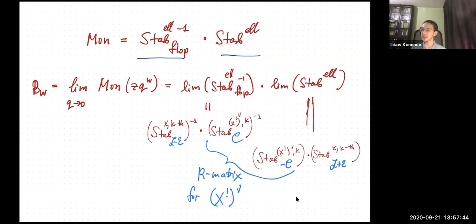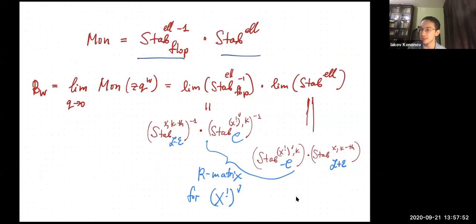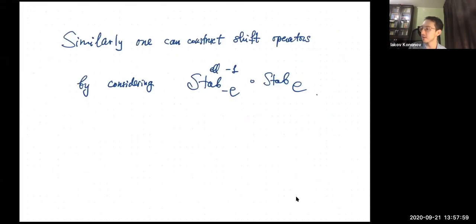And similarly, we can construct shift operators by considering, instead of the monodromy with stable envelopes of the flop variety, the stable envelope and the stable envelope for the same variety with the opposite chamber. So that's what I wanted to talk about today. If you have any questions, you are very welcome.